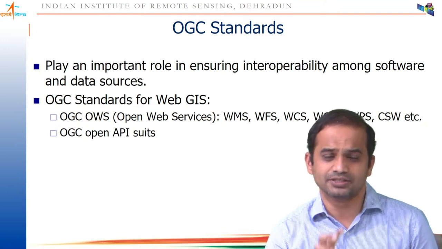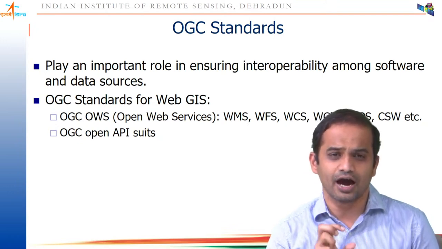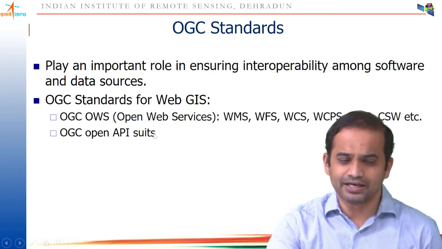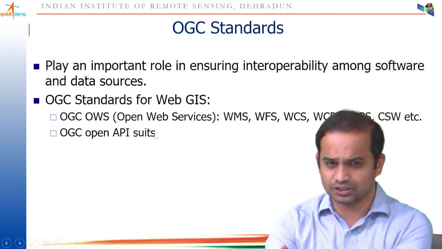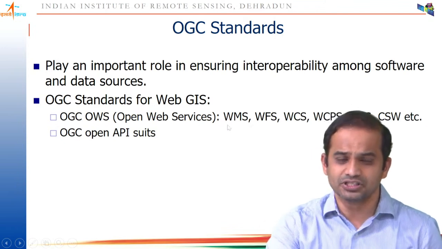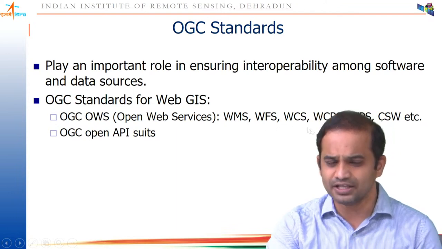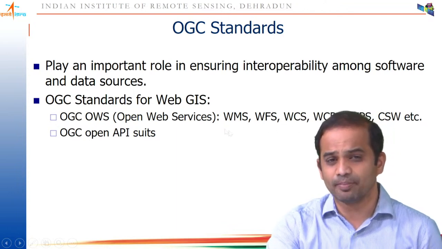These file formats used to store data are again OGC compliant. It means a file created in one software can be used in another software. Similarly here, if you want to access mapping, feature, coverage, anything, these services are compatible across.